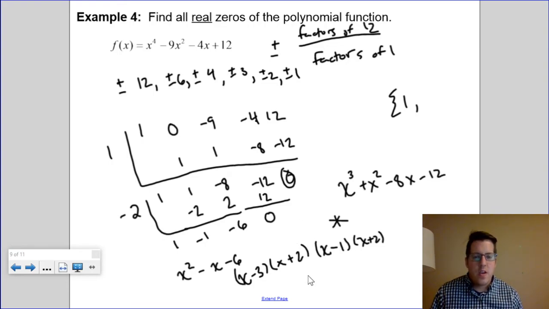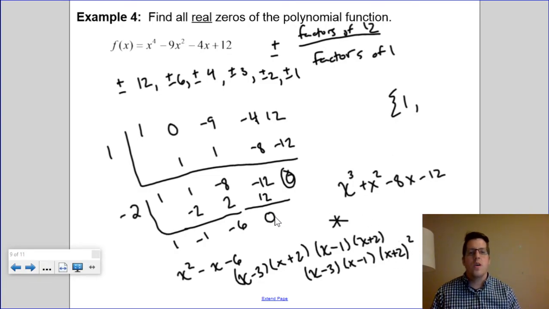Another way to write that complete factorization would be x minus 3 times x minus 1 times x plus 2 squared, because it appears twice. So my zeros are 1, 3, and negative 2.